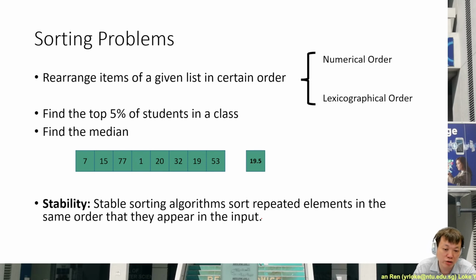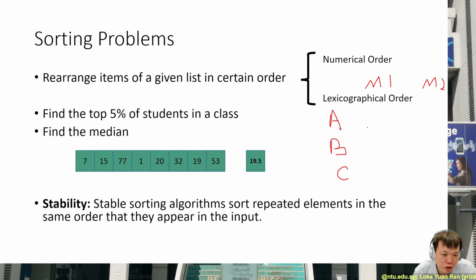A stable sorting algorithm sorts repeated elements in the same order that they appear in the input. That's it. Let me give you an example. Let's say I have A, B and C, with module 1 and module 2.